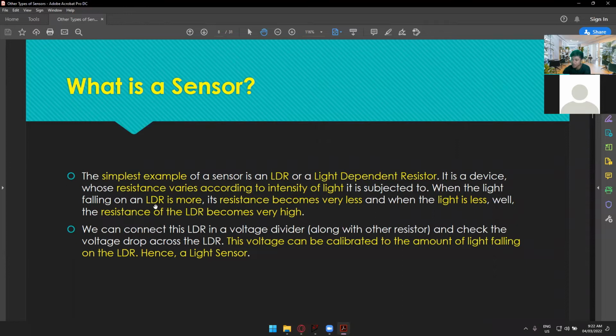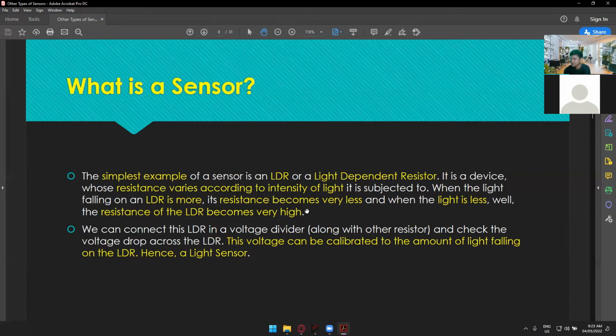If more light is hitting the device, the resistance becomes very low. And when the light is less, of course, it's the other way around, so the resistance of the LDR becomes very high. If the light is less, that is the time it needs to turn on its light. So we call that one LDR, or light dependent resistor.